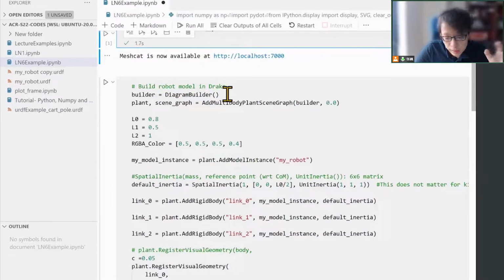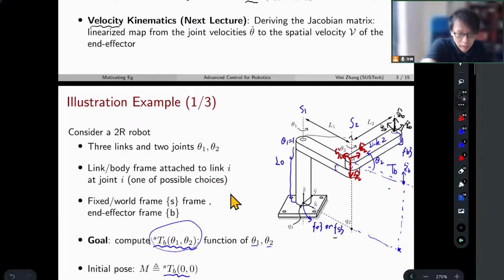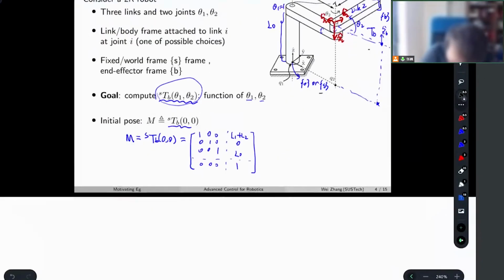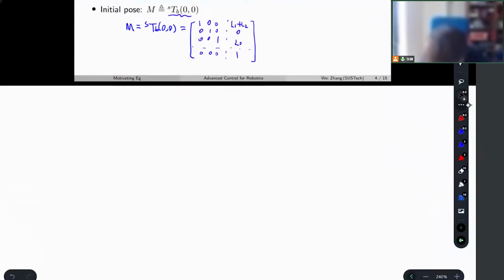And this robot, as I mentioned before, is nothing but several bodies interconnected with each other through joints, okay? In this case, how many bodies do we have? Let me explain a little bit. In this case, we have 3 bodies, all right?